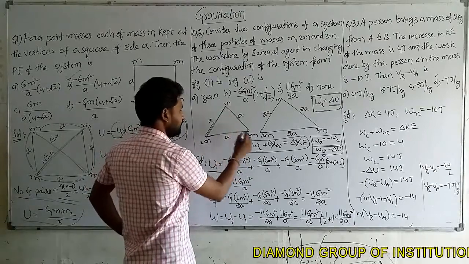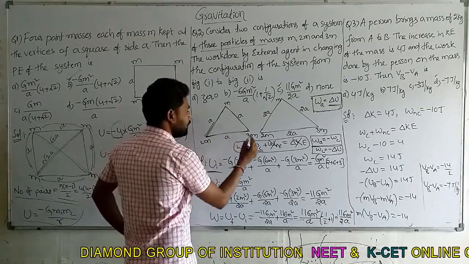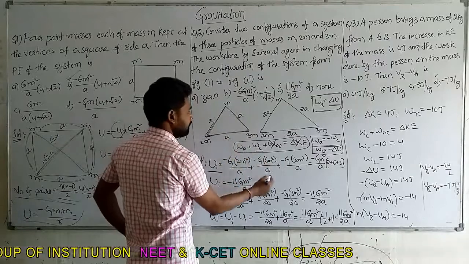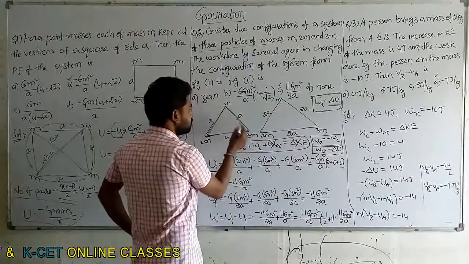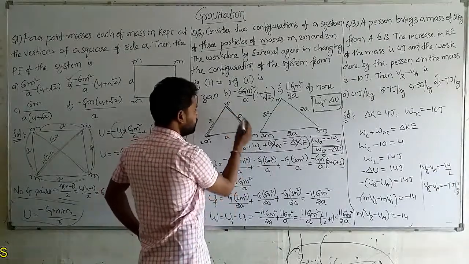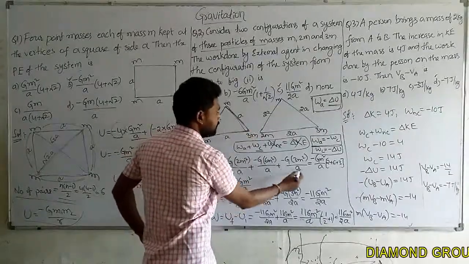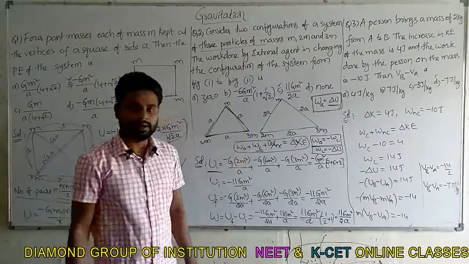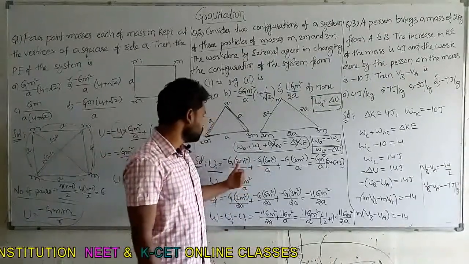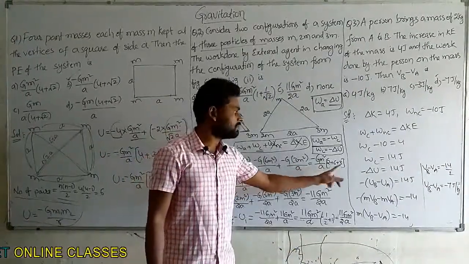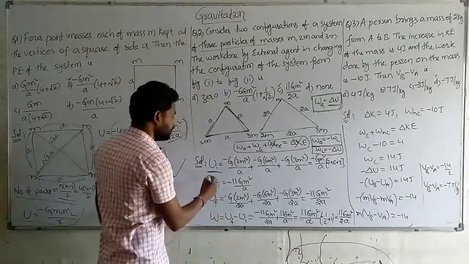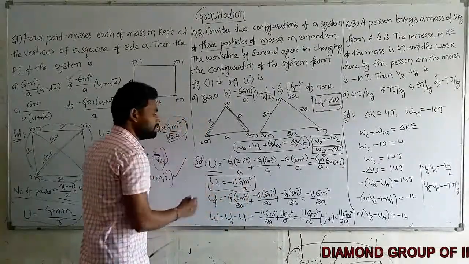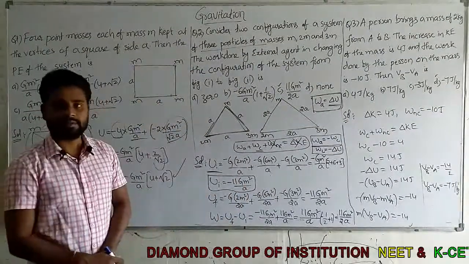Between these two, minus G 2M into 3M, 6M square by the distance between them, a. Minus, between these two, G into M into 3M, 3M square by a. Now minus Gm square by a is common, the remaining terms are 2, 6, 3. 2 plus 6 plus 3, then we will get the initial potential energy as minus 11 Gm square by a.